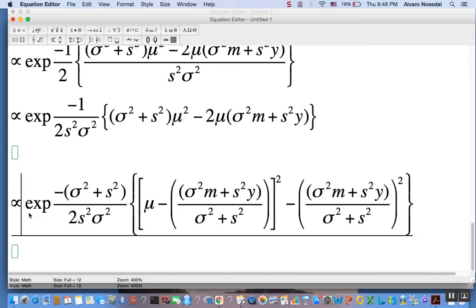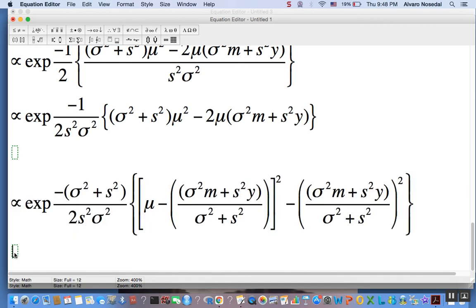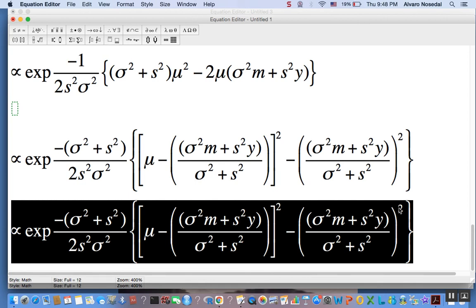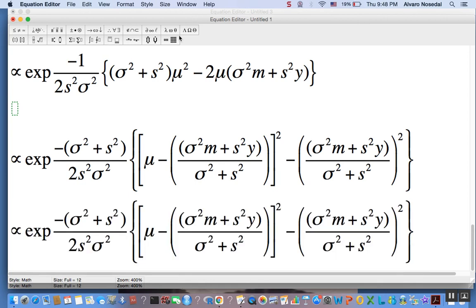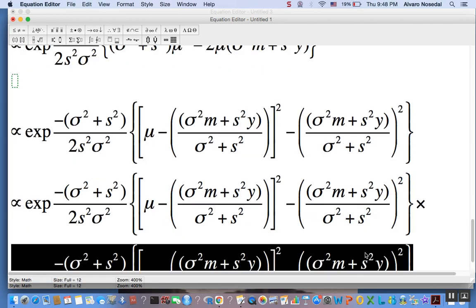So this is just a constant. If we express this exponential as the product of the following two exponentials, the second one, the one that has to do with this term, is just a constant. So we could absorb that by the proportionality symbol. Let's just do that step by step. What we have here is an exponential times another exponential.